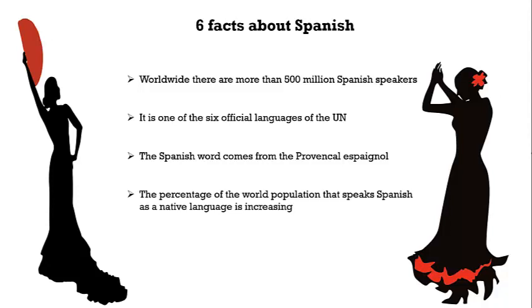For demographic reasons, the percentage of the world population that speaks Spanish as a native language is increasing, while the proportion of Chinese and English speakers decreases. Within 3 or 4 generations, 10% of the world population will be understood in Spanish. They will communicate in Spanish. Every day, more people speak Spanish.